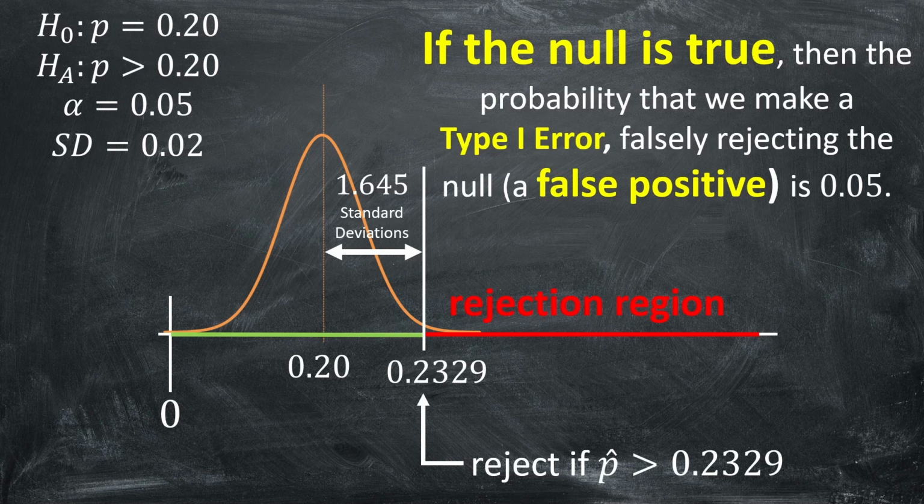But if the null is false, then rejecting the null is no longer an error. The problem is, if the null is false, we might fail to reject the null. In that case, we would be making a type 2 error. So if the null is false, we want to detect that it actually is false. And the probability of detecting it is the test power.